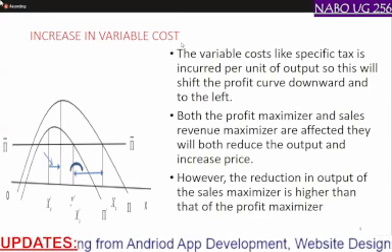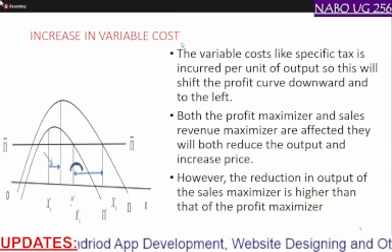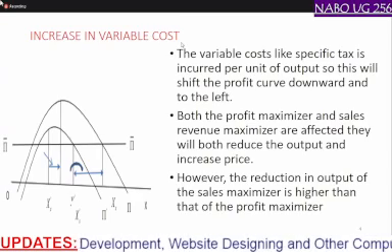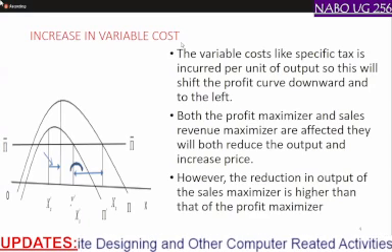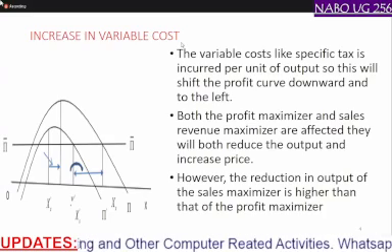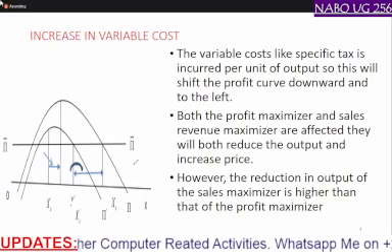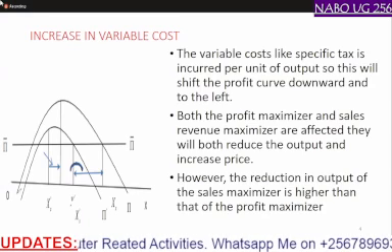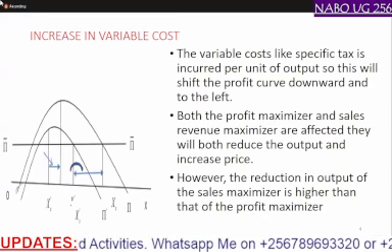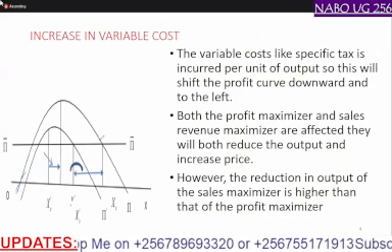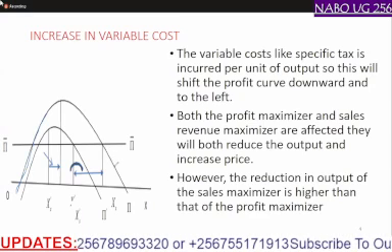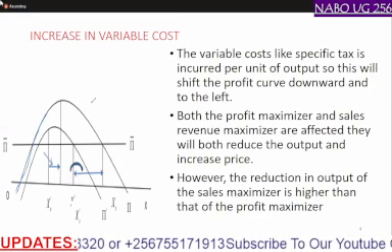When you come to an increase in variable cost, what happens when there is an increase in variable cost? What do we observe? This was our original profit curve that the firm was having. This one. This is the original profit curve.